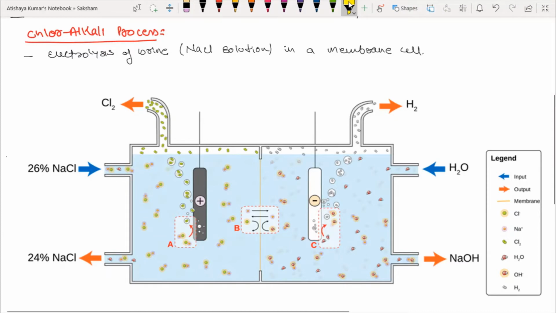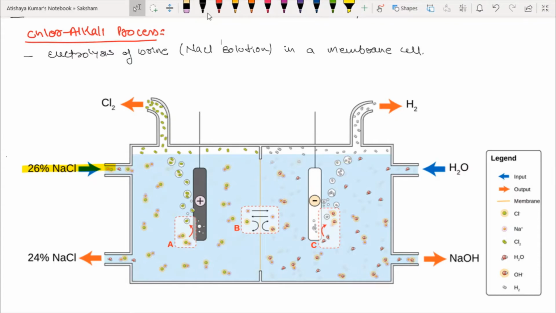In this membrane cell, 26% brine solution or sodium chloride solution is fed as an input into the chamber. It is divided into two chambers, the first chamber and the second chamber, separated by a semi-permeable membrane which allows only the passing of sodium ions across the membrane.